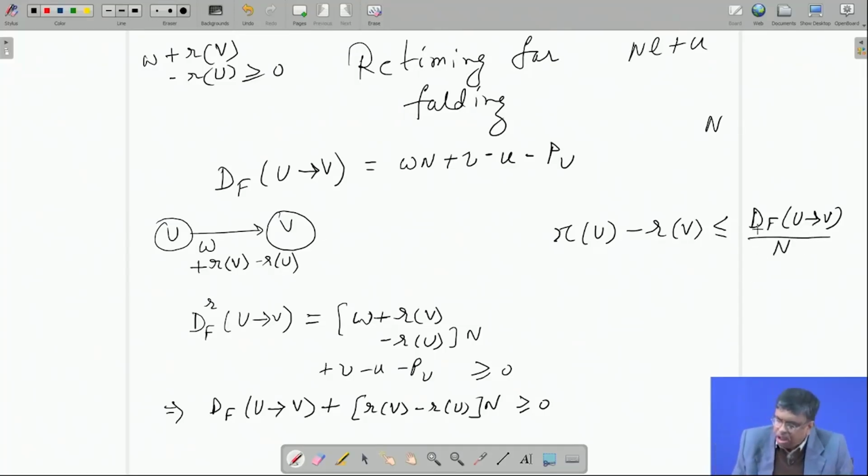Now, R u is an integer, R v is an integer, so the difference must be an integer.